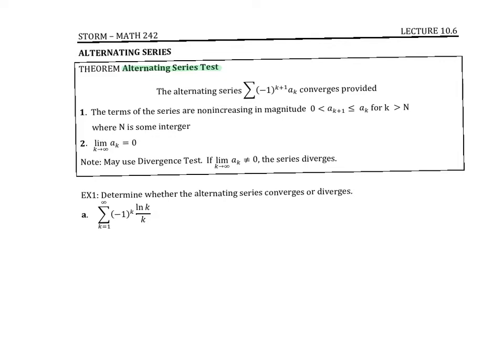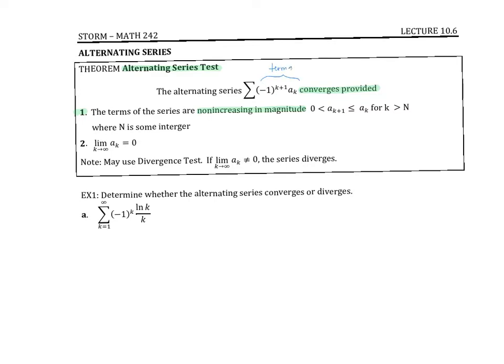In our alternating series test, we check convergence by looking at two conditions. So an alternating series converges provided that 1, the terms of the series are non-increasing in magnitude. Typically when we talk about the terms, we mean the whole expression.